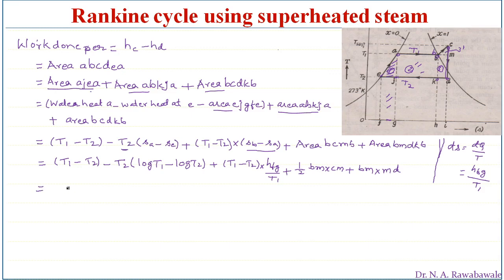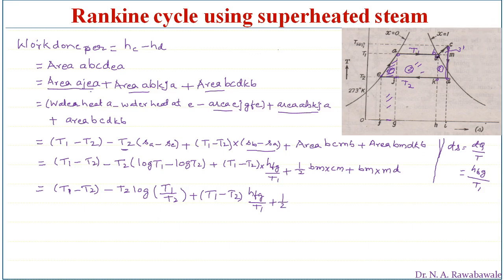After that, again this T1 minus T2 we take as it is, minus T2 into log T1 divided by T2, plus of T1 minus T2, HFG divided by T1, plus half Bm.